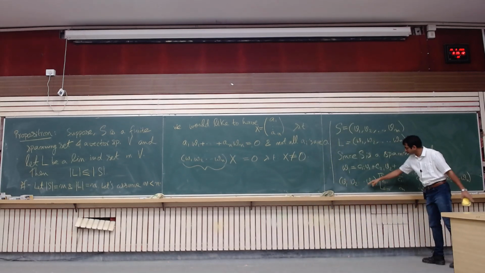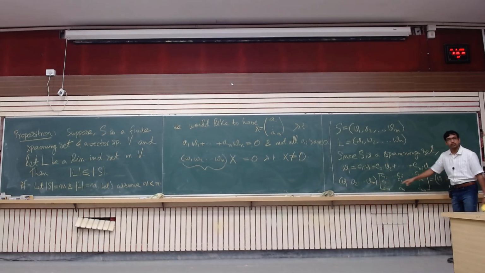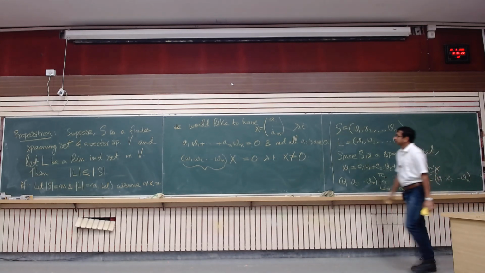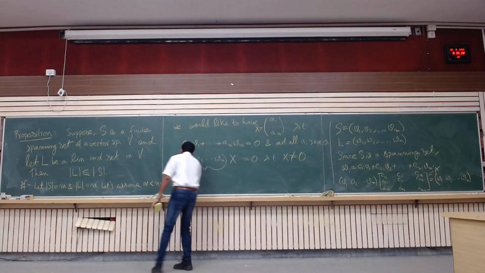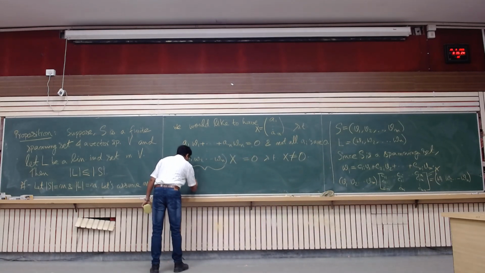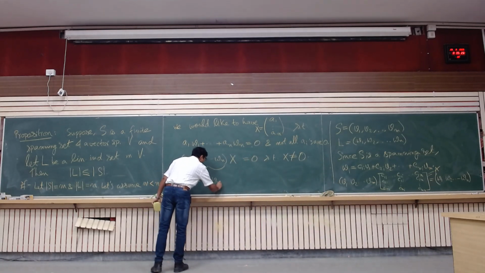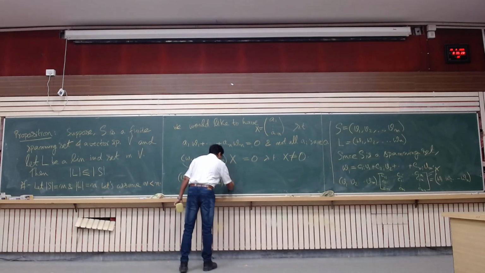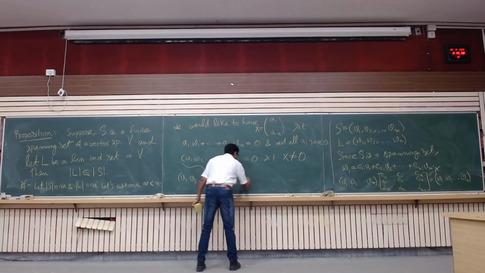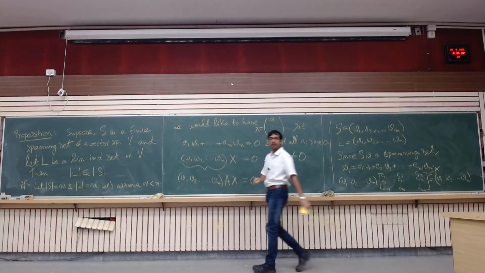Okay, v1, v2 to vm, and this matrix of coefficients. Call this matrix A, say. So this will give you then v1, v2 dot dot dot vm times A times x equal to 0.